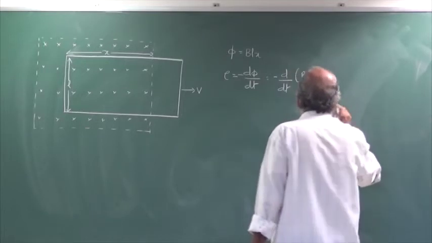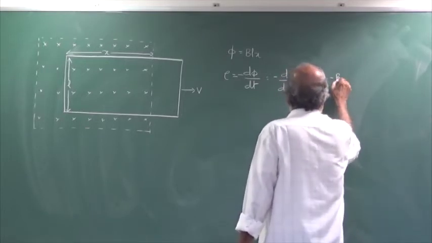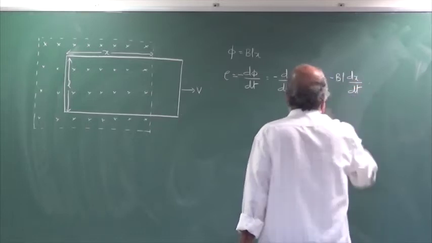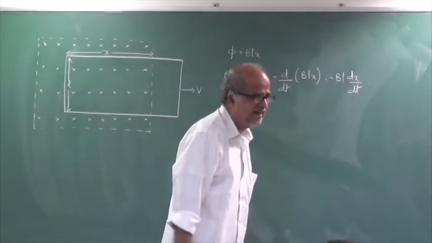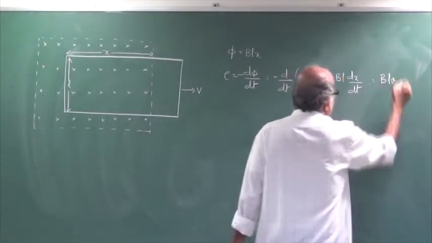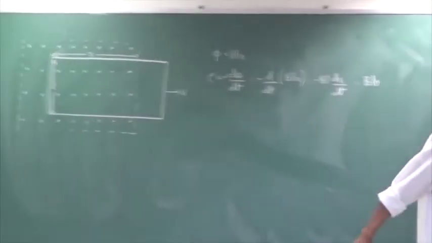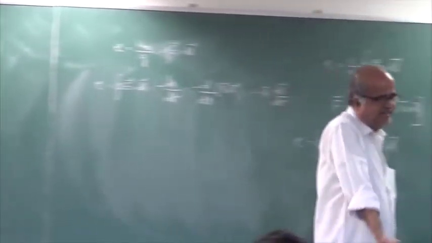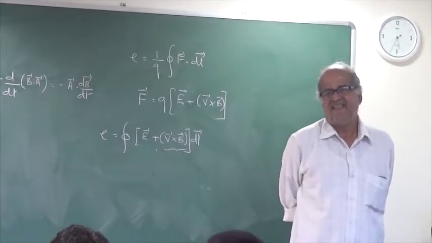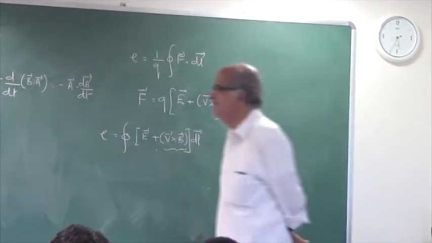B is not changing, L is not changing, X is changing with time. This I will write as BLV, where V is equal to minus dx by dt, where V is the velocity. This is the induced EMF.